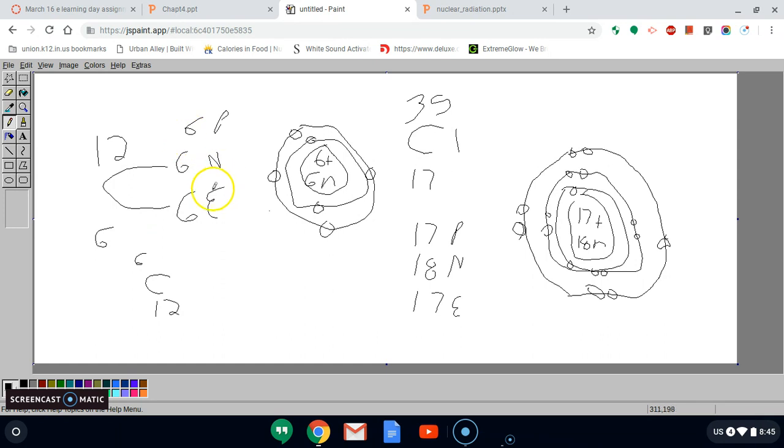Protons are positive, electrons are negative, and they are always equal to each other. Now, this number right here is your mass number. I wrote it up here because that's typically how it's written later on, but that's okay. You simply subtract these two. 12 minus 6 gives me these 6 neutrons right here. So that's how you figure out these numbers.